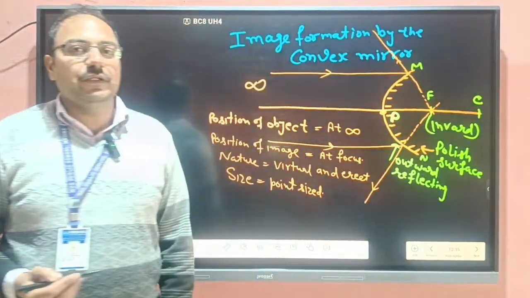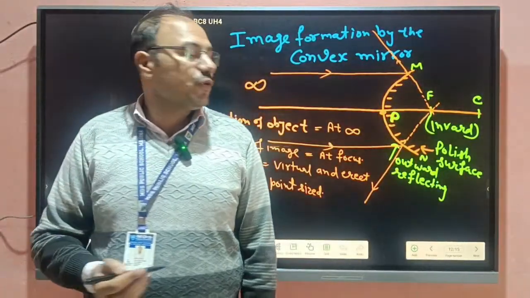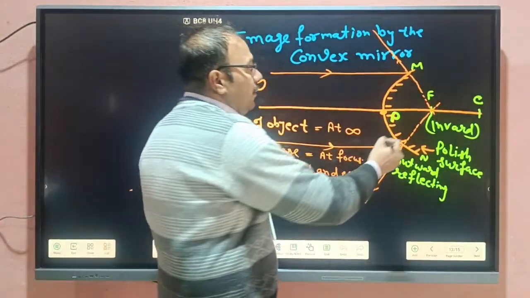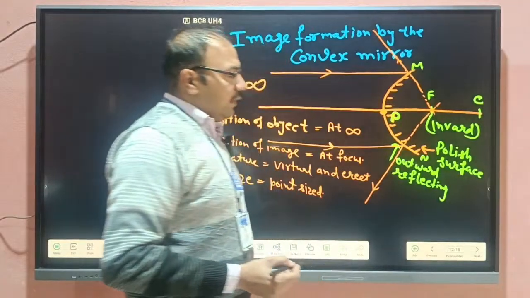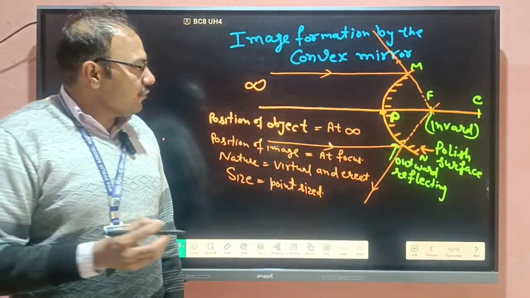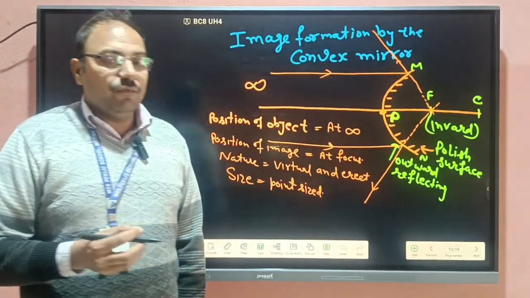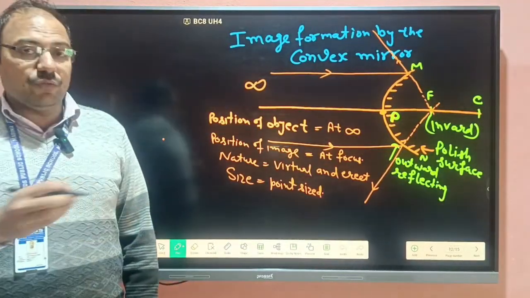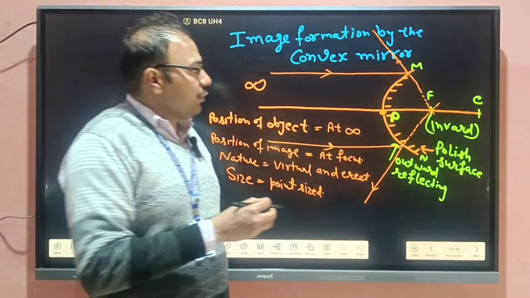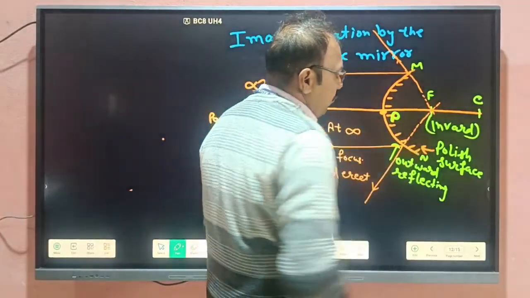The nature of this image is virtual and erect, and its size is diminished, very small. So the size is small, the nature is virtual and erect, and the position is at the focus.